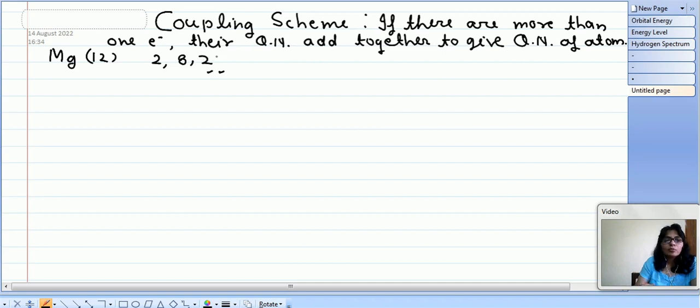And if there is more than one valence electron, then those electrons will couple with each other to give the total energy or the total quantum number for the atom. So such type of coupling we are talking about. There are two types of coupling. One is the LS coupling.